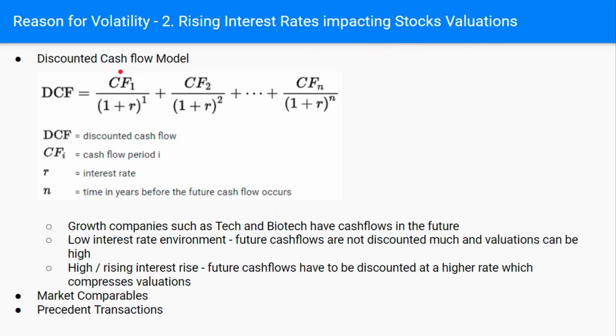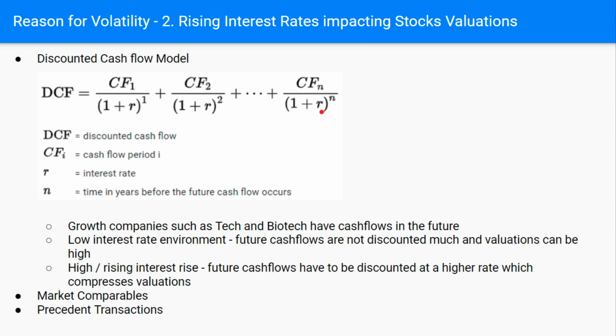What a discounted cash flow model does quite simply is taking future cash flows and using an interest rate to bring it to present value, and that's how they come up with what the value of the stock should be. So now if the interest rates are increasing out in the future, the future cash flows, when discounted at a higher rate, will be discounted to present value and it's going to be lower.